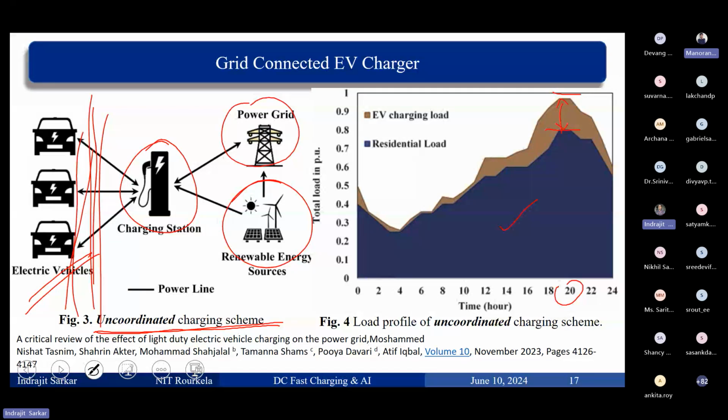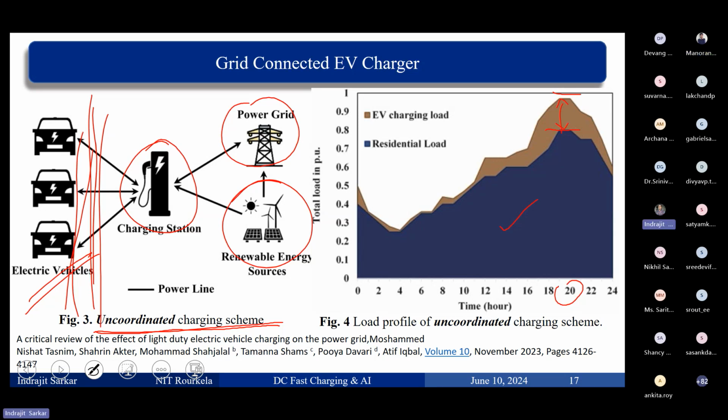Why am I talking about this? Now let's say the summer season. Summer is unbearable. Now everyone who can afford it is buying an AC, and those who can afford it are buying two ACs. But the thing is, they are buying it, but the grid has to supply that power.